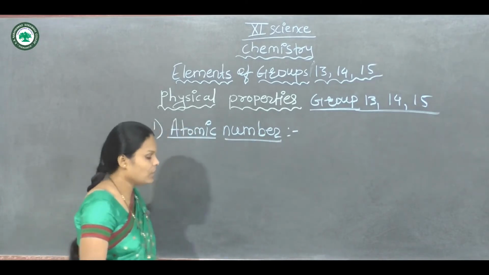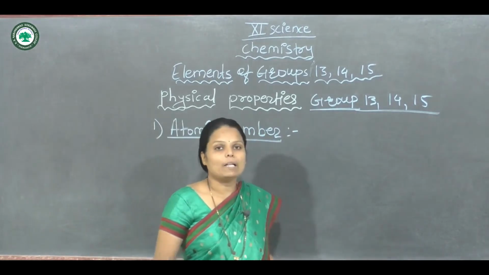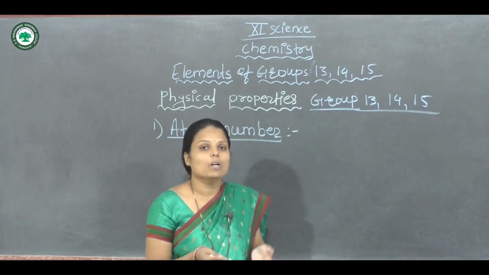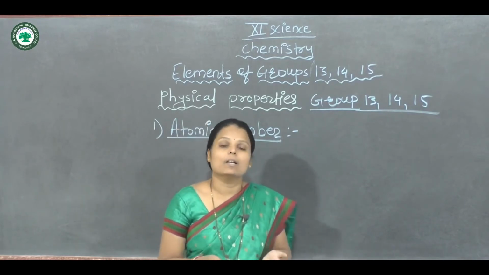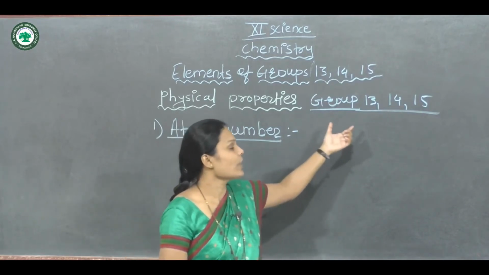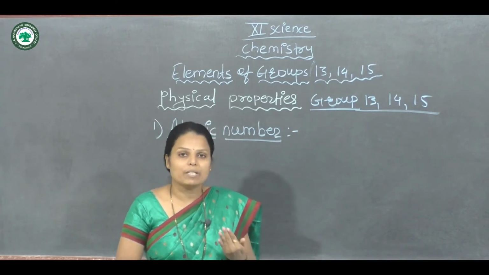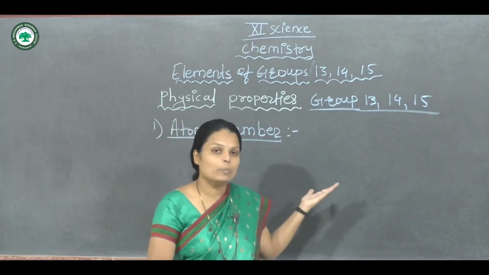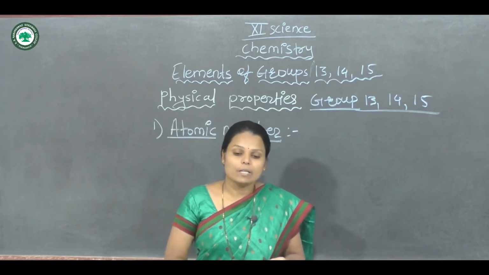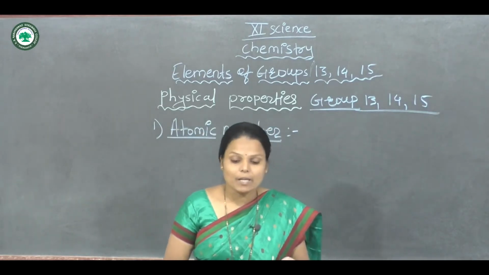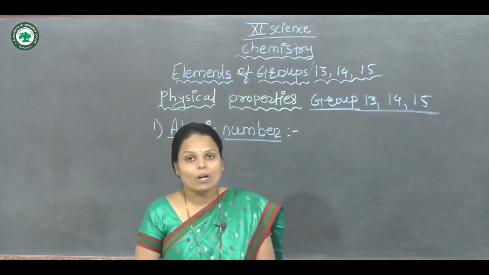The atomic number of group 13 increases down the group. For example, the first element of the boron family is boron, its atomic number is 5. The next element is aluminium, its atomic number is 13. The next is gallium, its atomic number is 31.